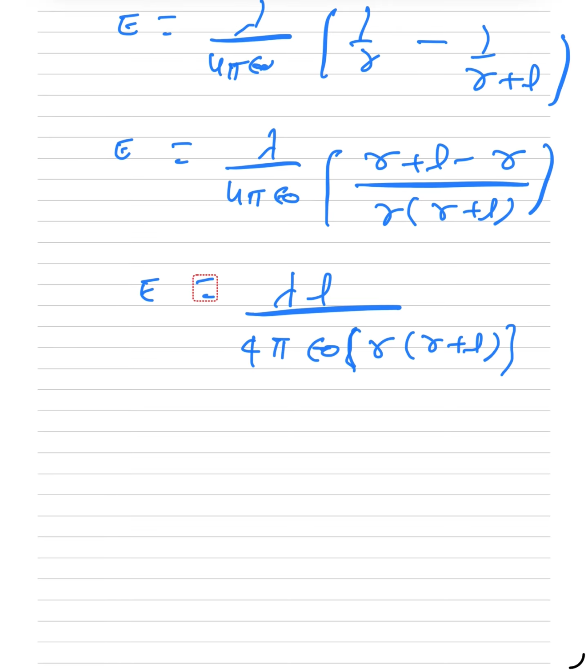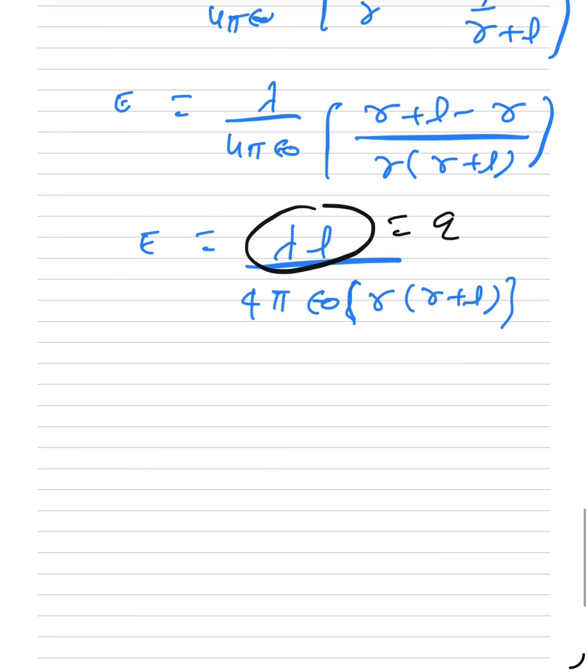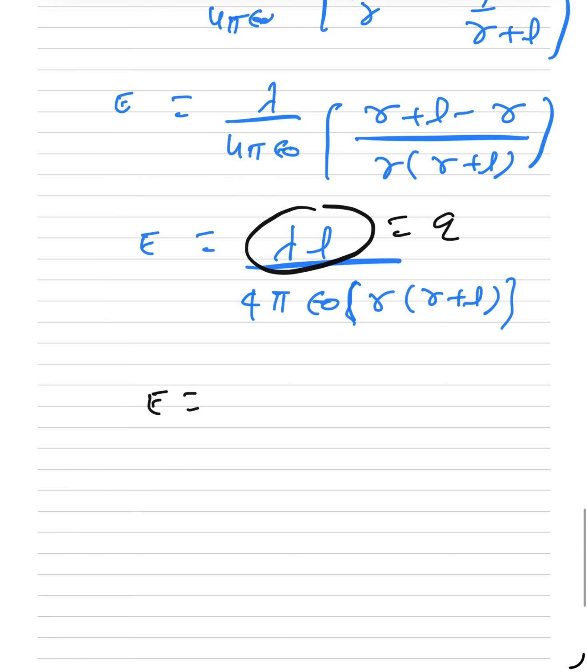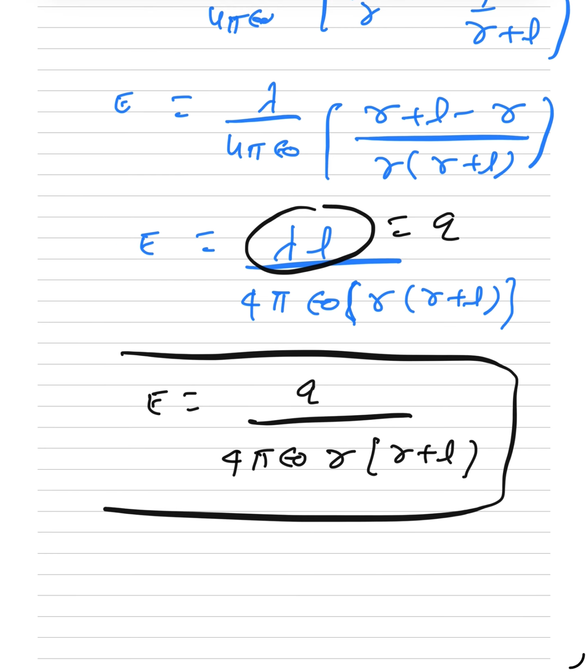And lambda l is the total distributed charge, right? Written as Q divided by 4 pi epsilon naught r times r plus l, right?